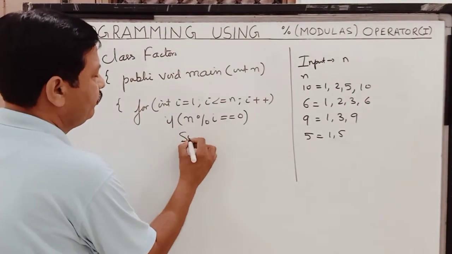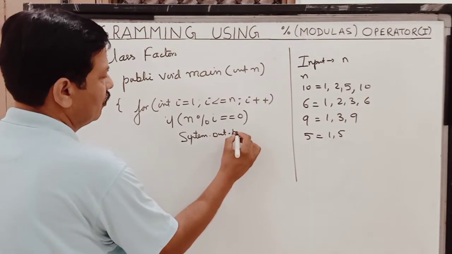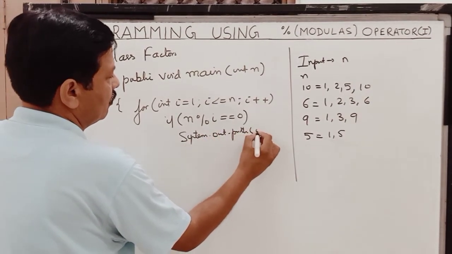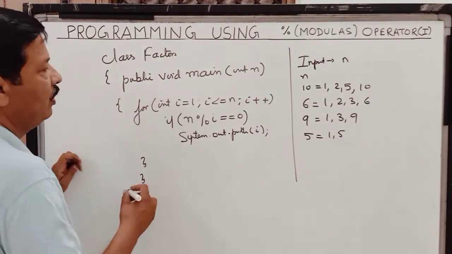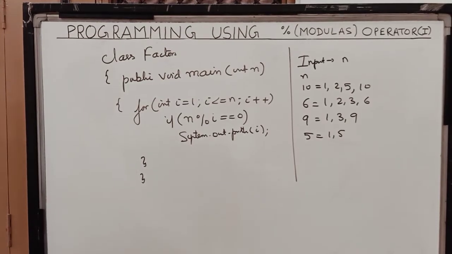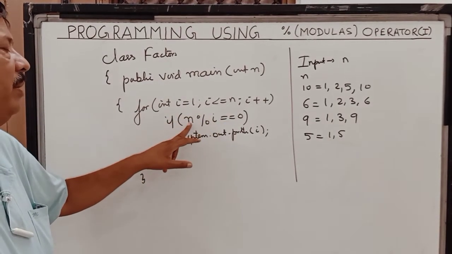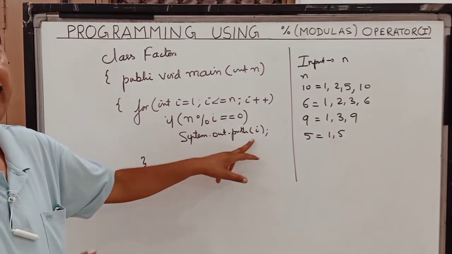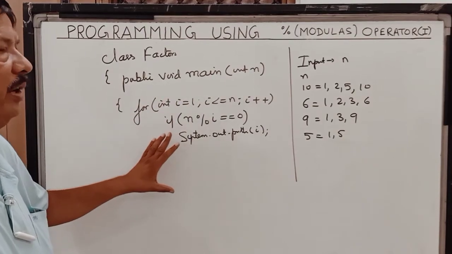So here we print all the factors. I have run my loop from 1 to that number, and any number which divides n, I am going to print. So I have printed all my factors over here.